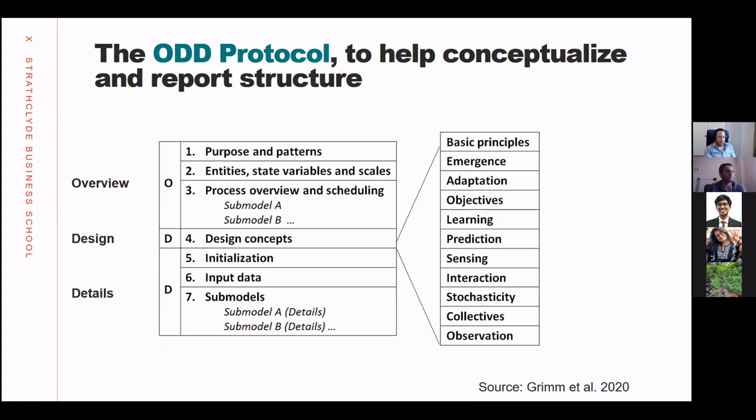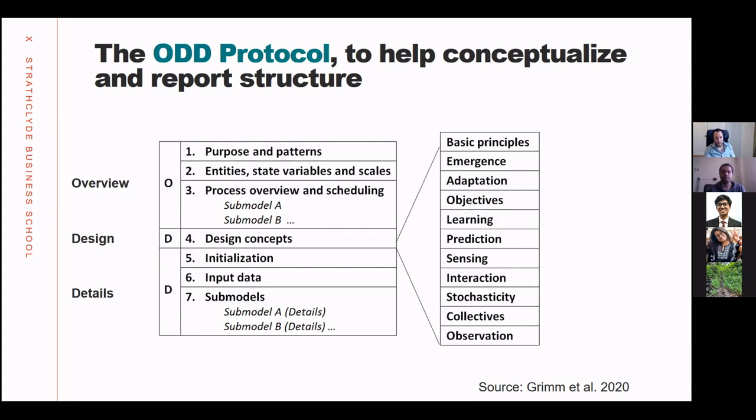Then the design concepts, a list of design elements that are typically important for agent-based models. It's important for the modeler to think about how their model incorporates these elements. Not all design concepts are included in all agent-based models, but a few will be in all of them.